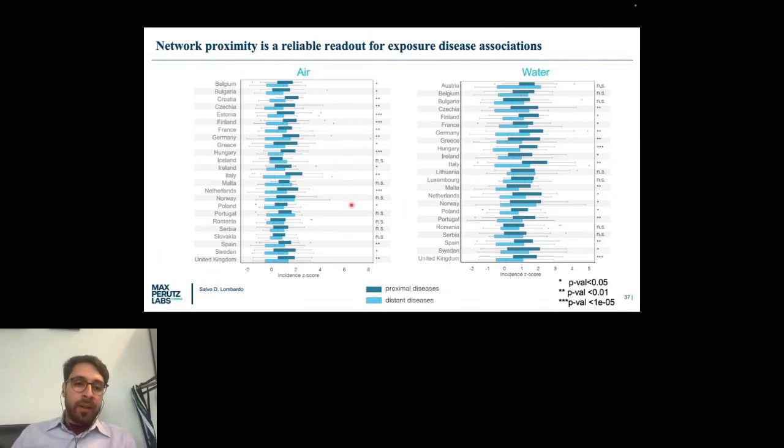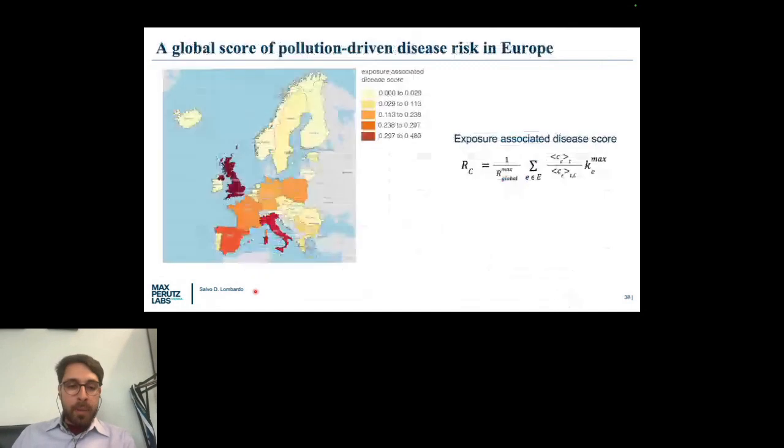And what we found out next was to take these countries and map a sort of risk disease score based on the exposures that were released in the last 25 years in the environment, either air or water. And what we found out was that the UK is actually the country with the highest risk score, so the most dangerous one.